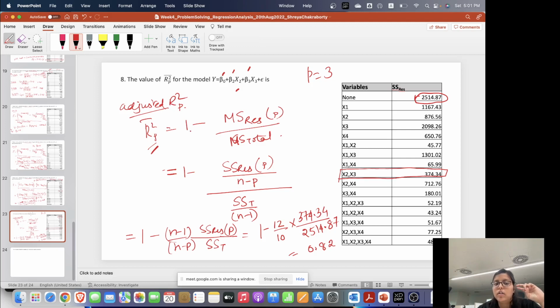There is a trade-off between loss of degrees of freedom and the decrease in the residual sum of squares, and the increase or decrease in adjusted R square will depend on that. So it's not necessarily that if we increase P and increase the complexity of our model, then our model will perform well. Adjusted R square puts a check on that.